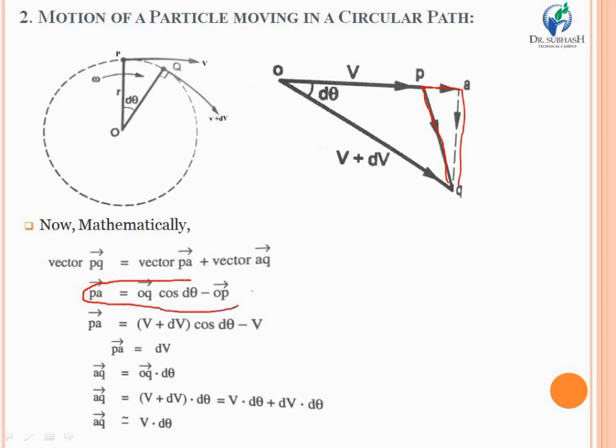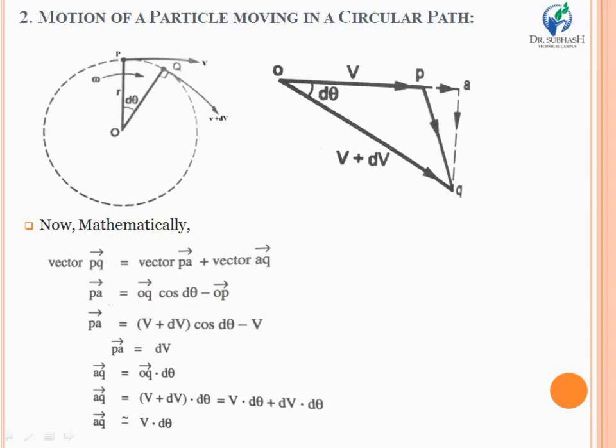This is the relation for vector PA, and by putting in the values of OQ and OP, OQ stands for V plus dV and OP stands for V. That means the magnitude of velocity in vector OP is V, whereas for OQ the magnitude of velocity is V plus dV. So ultimately you have to replace OQ and OP by V plus dV and V.